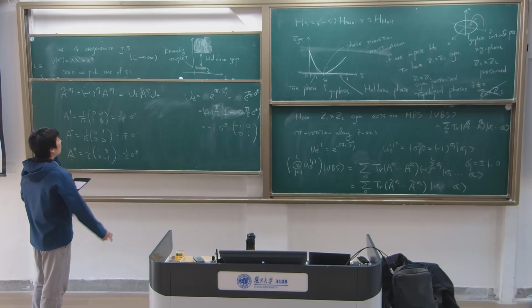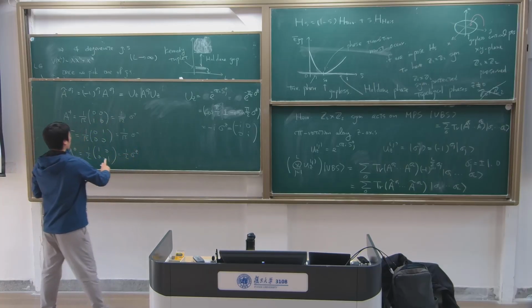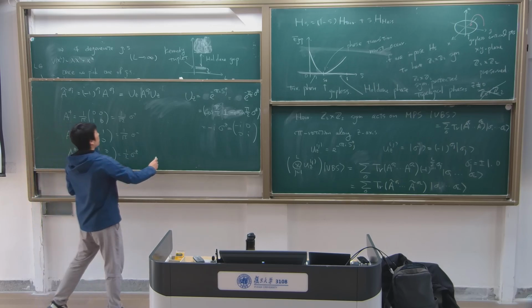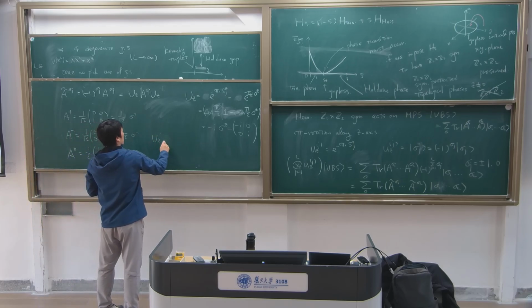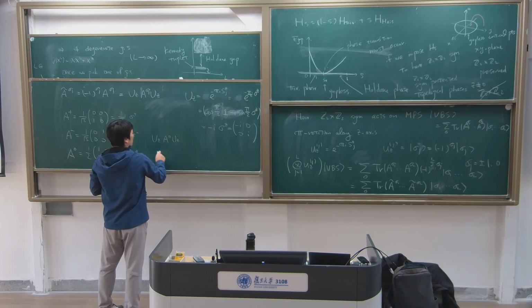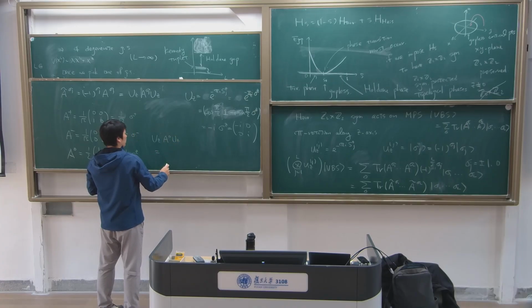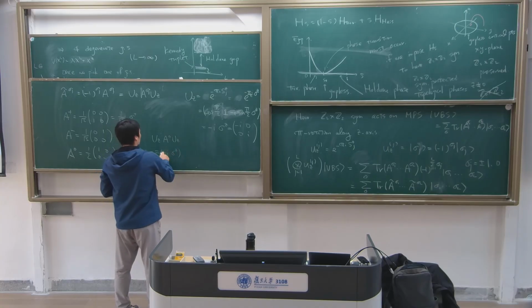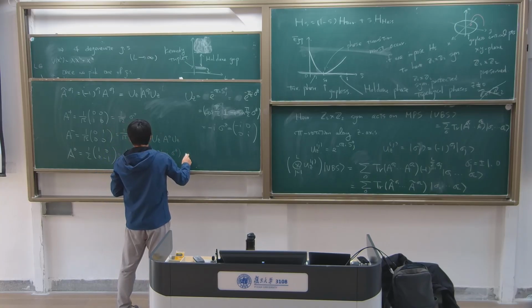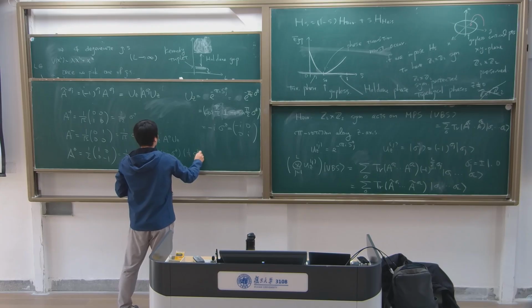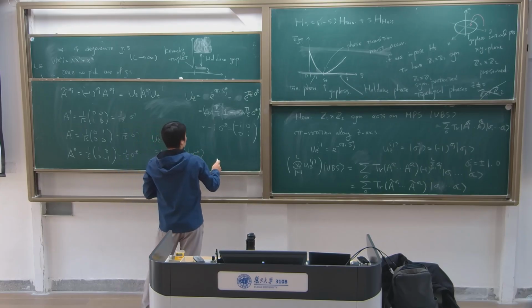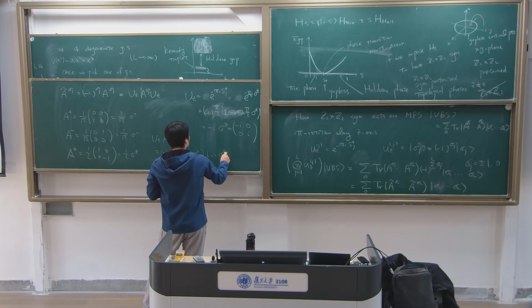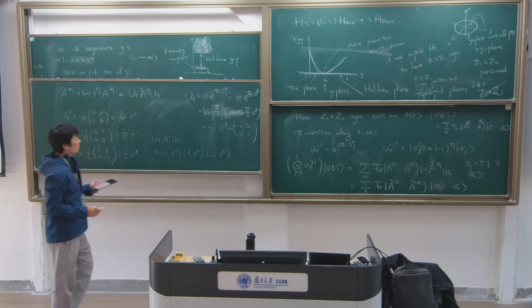So this means that this. If you look at this one, for instance, let's check this one. It's something like minus i sigma c times alpha sigma c times minus i sigma c, like this one.